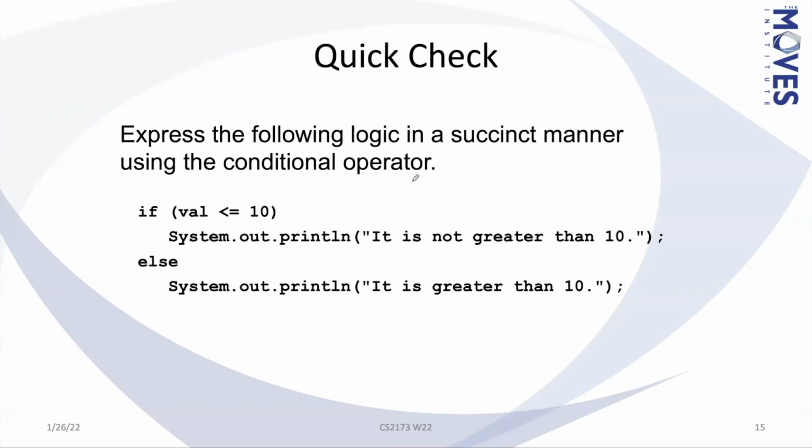Okay, so their little quick check is, if val less than 1, then it's not greater than 10. So, for things like this, the key is to look at the common pieces. So I have 2 pieces that are common and just one which is different.